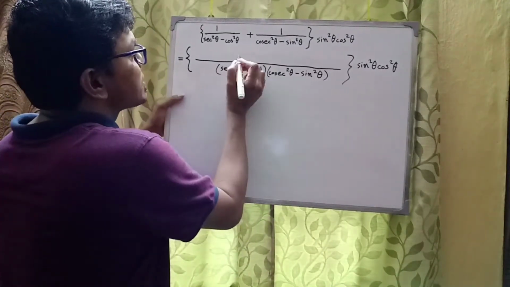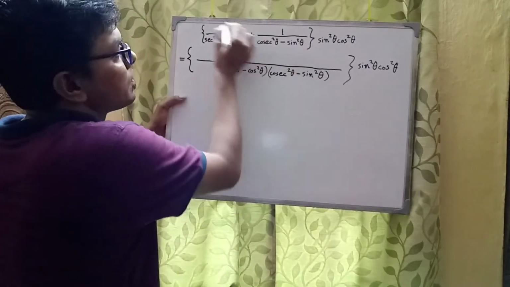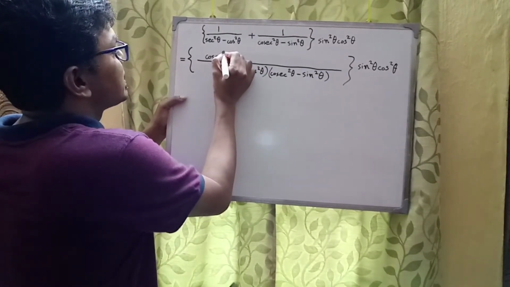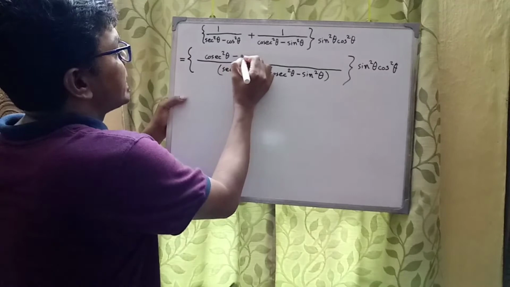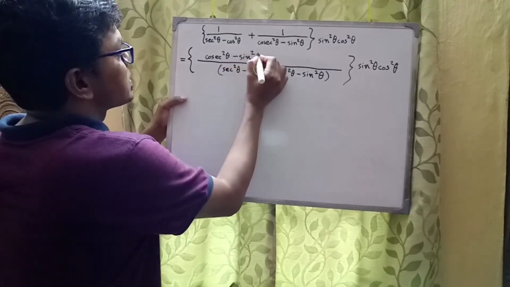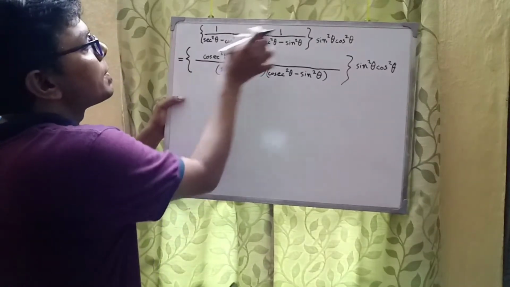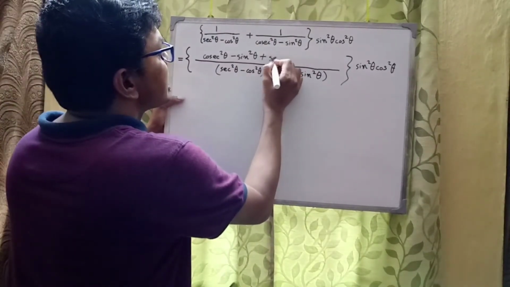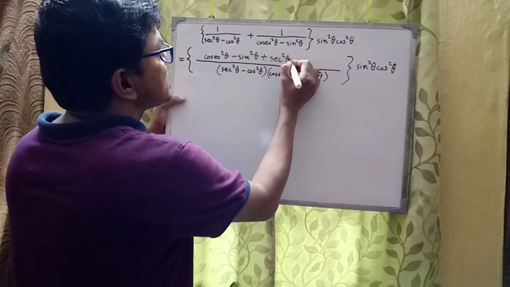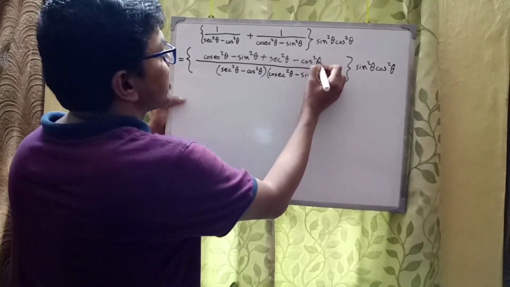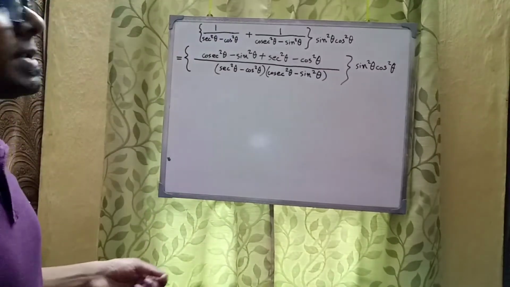If we do this fractional addition, this will be multiplied with 1, so that is cosec² θ − sin² θ. Then plus this, multiplied with 1, so it is sec² θ − cos² θ. So this comes in the numerator.